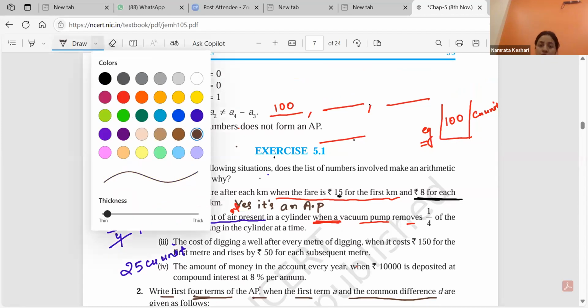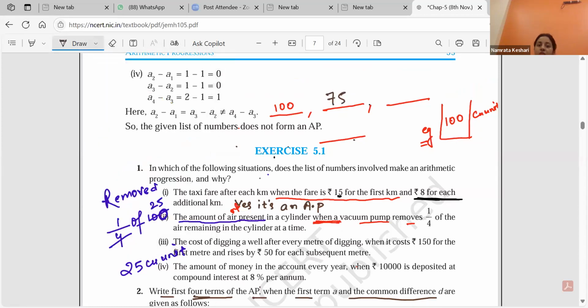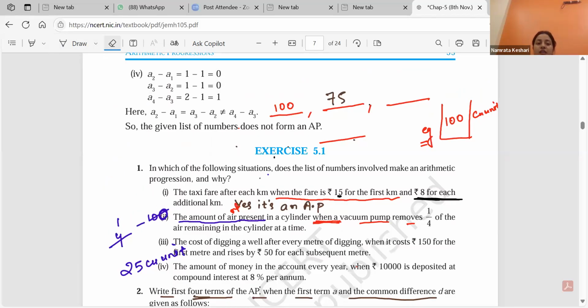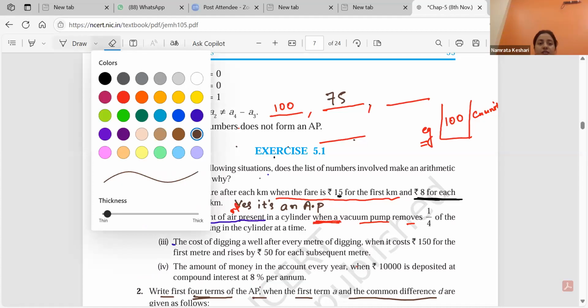Again I will do the same thing. Once we press the pump again, 1/4 of 75 will vanish. So you have to check what 1/4 of 75 is. This is just a number I have taken for example.